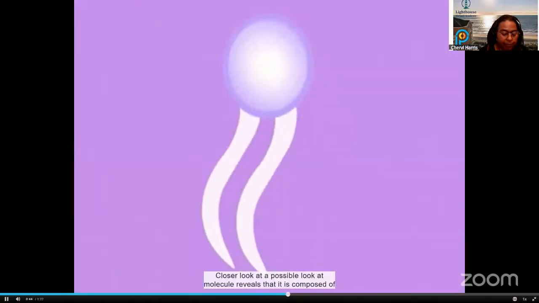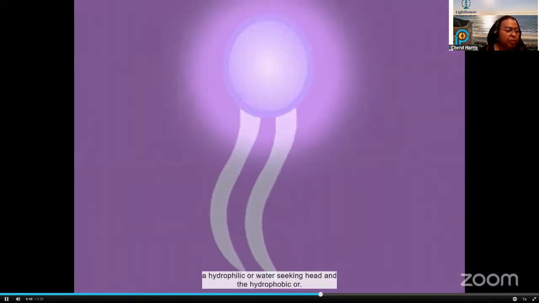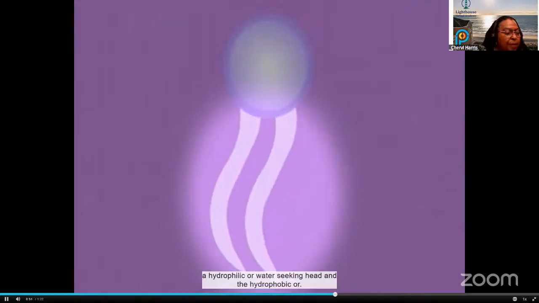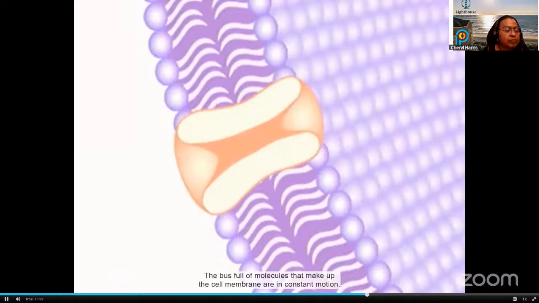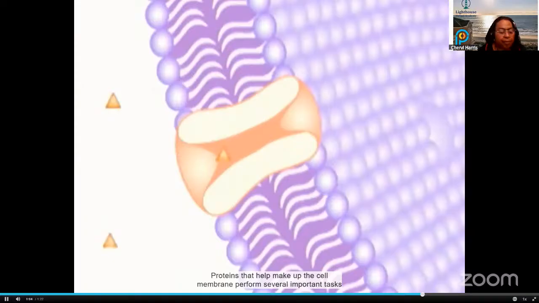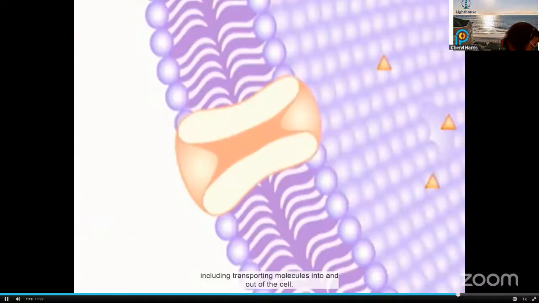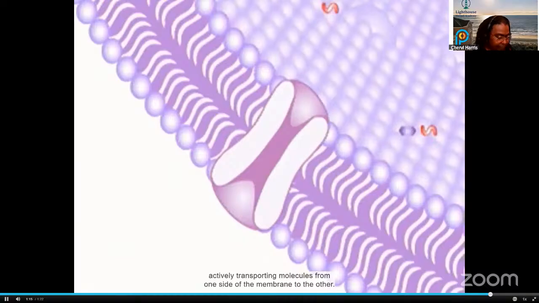A closer look at a phospholipid molecule reveals that it is composed of a hydrophilic or water-seeking head and a hydrophobic or water-repelling tail. The phospholipid molecules that make up the cell membrane are in constant motion. Proteins that help make up the cell membrane perform several important tasks, including transporting molecules into and out of the cell. Some proteins act as small pumps, actively transporting molecules from one side of the membrane to the other.